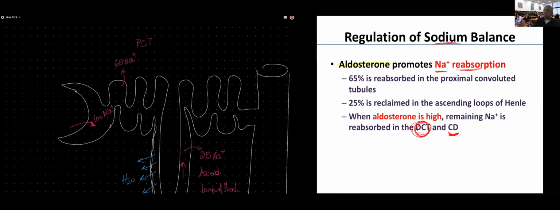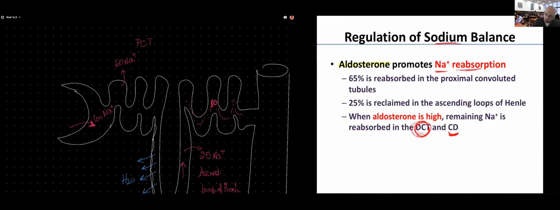So how many sodium are still remaining out of those 100? I did reabsorb 65, I did reabsorb 25. How many of them are still going to remain in my filtrate to reach the distal convoluted tubules? 100 minus 65 and 25, you still have 10%. 10 of the sodium are going to still be in the distal convoluted tubules.